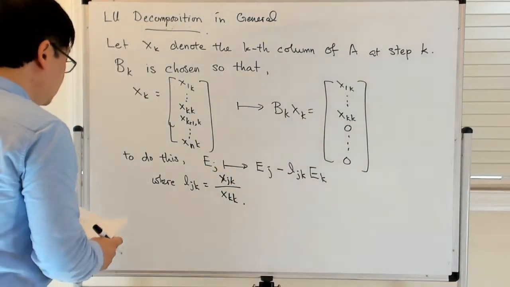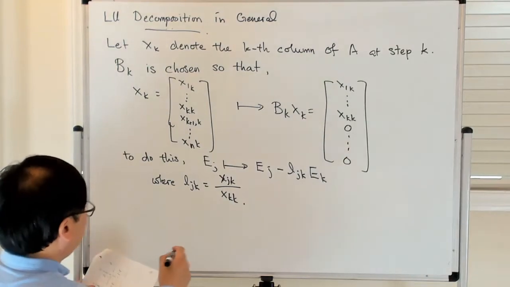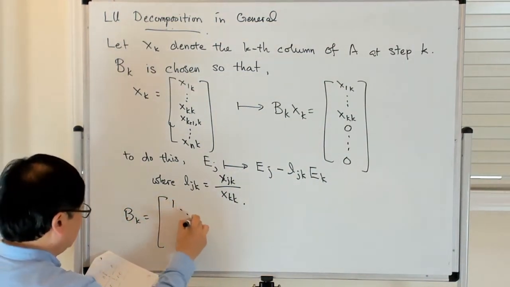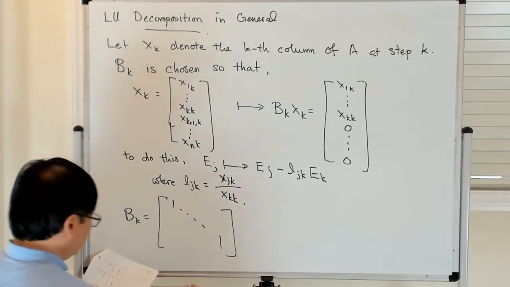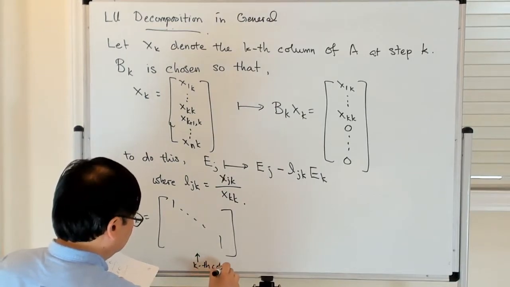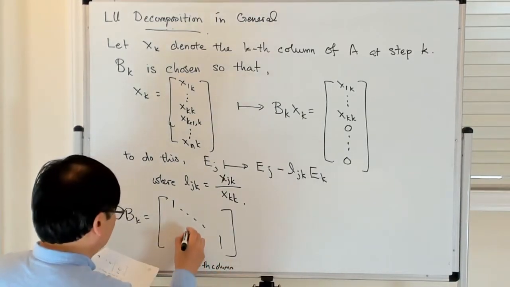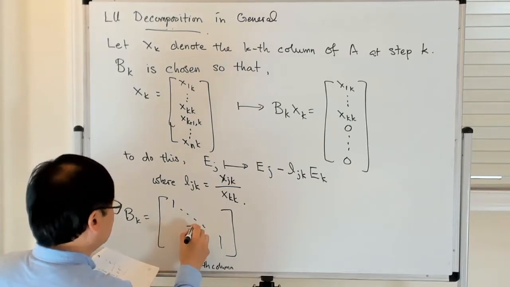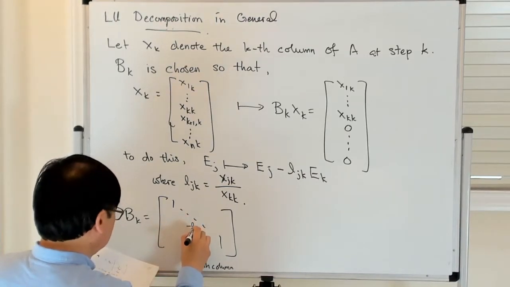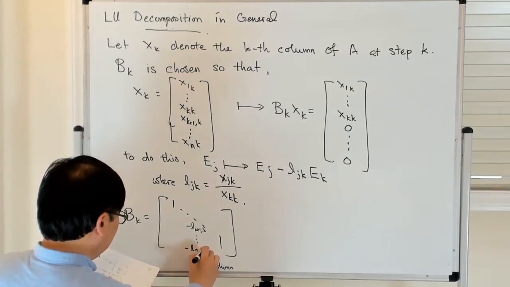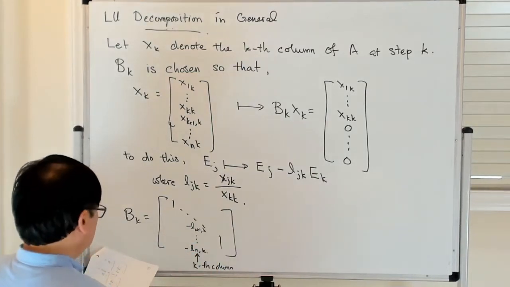With that in mind, the matrix Bk looks like the following. It's 1s along the diagonal, and in the kth column it looks like minus L k plus 1 comma k all the way up to minus Lnk.